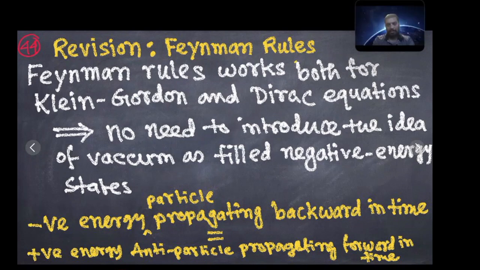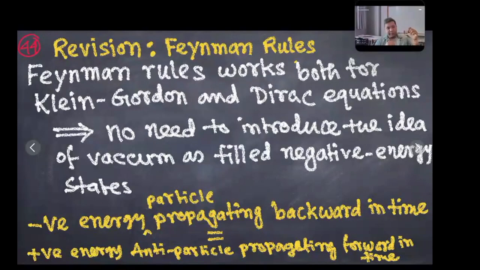He can make a connection and play with all of them, which means he does not need to introduce the additional complication of the multi-particle. What he postulated is that a negative energy particle propagating backward in time is equivalent to a positive energy antiparticle propagating forward in time. So he just plays with the four-momentum: the positive four-momentum goes to negative four-momentum.